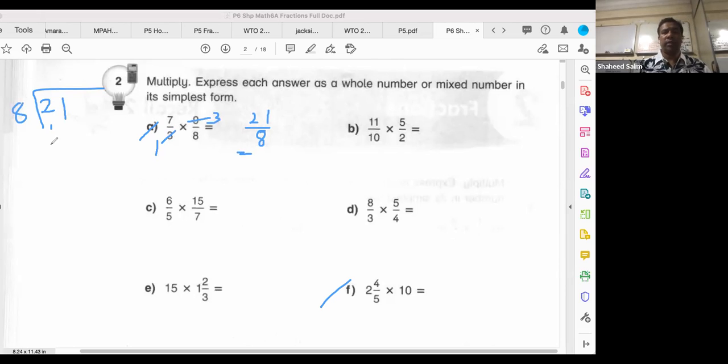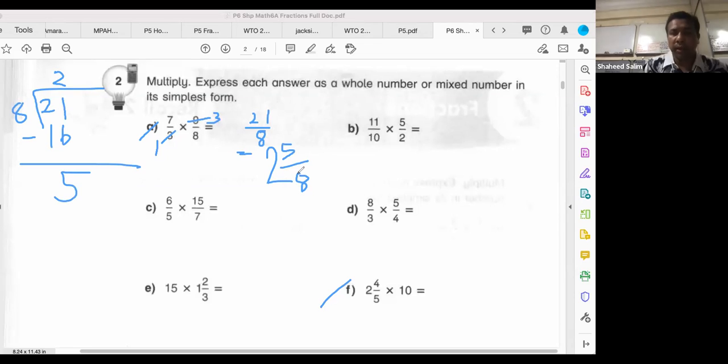Divide by 8, so you can get 16 here. 8 times 2 is 16. So this is 2 down here. You minus, you get 5. So this is 2 wholes. Remainder is 5 over 8. This is your answer for question number E.